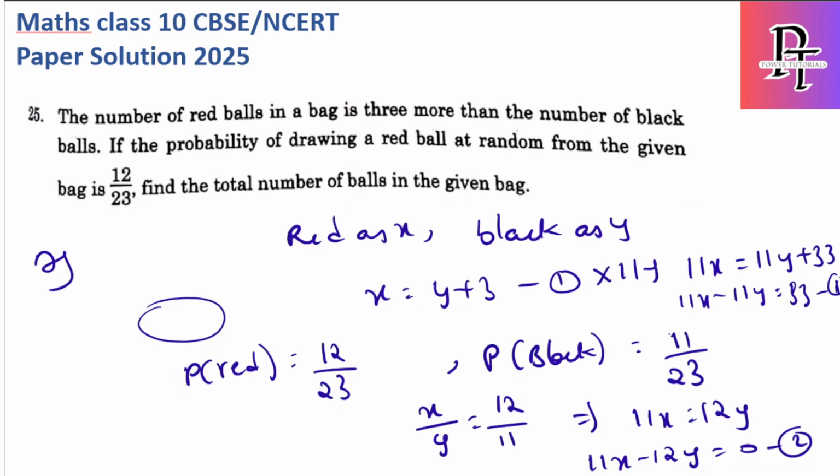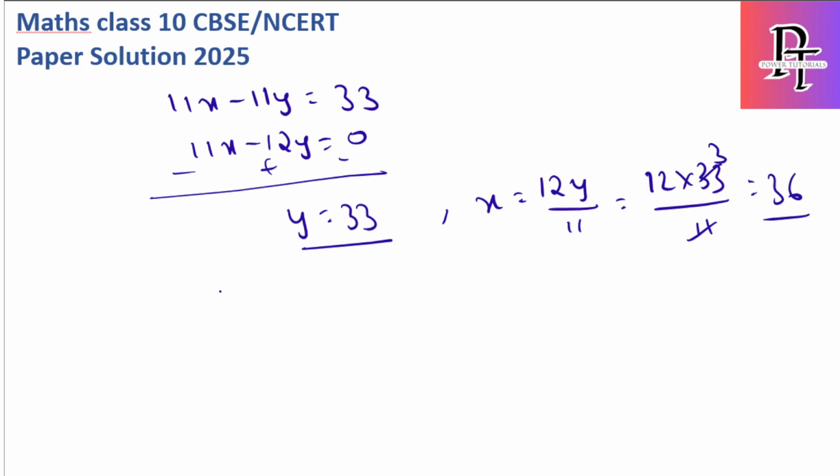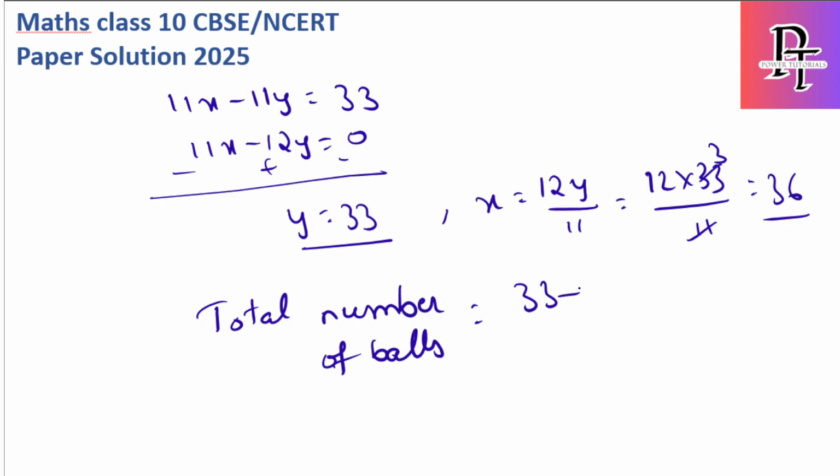We have the relation 11x is equal to 12y, so x is equal to 12y by 11. 12 into 33 by 11: 11 threes are 33, 12 threes are 36. So the total number of balls is equal to 33 plus 36, which is 69 balls.